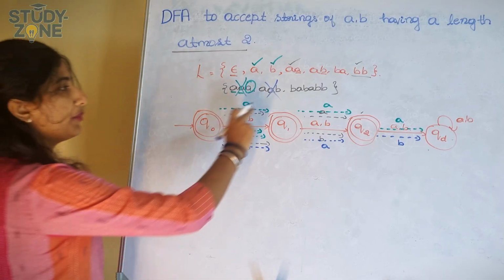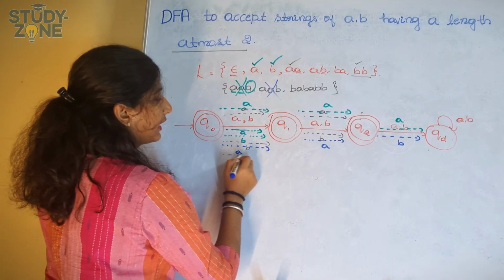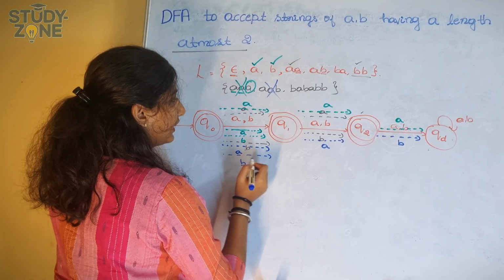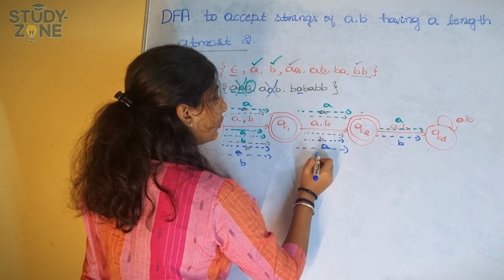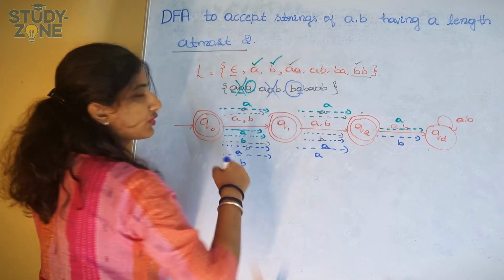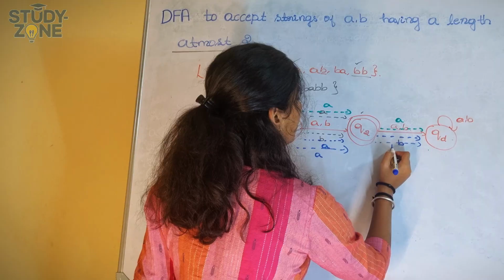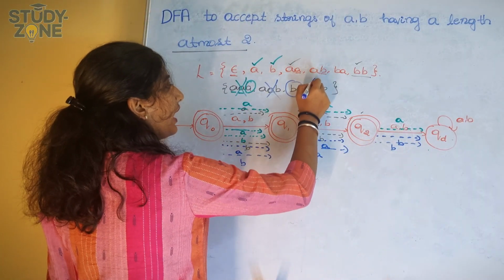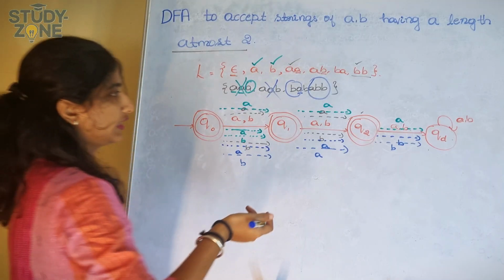Now BAB. Q0 on B moves to Q1. Q1 on A moves to Q2. Q2 on B, more than two symbols, so I move to the dead state. Now if I have any number of terms, I should self loop in that dead state only.